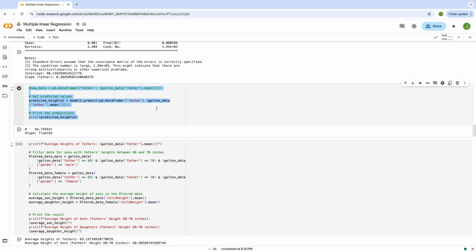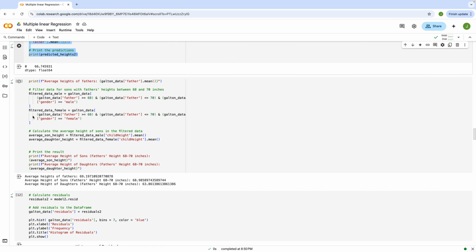So if I input the average height of the father, it tells me the predicted height of my offspring will be 66.74 inches. Now, this is interesting. The average height of fathers is 69 inches. I looked at the average height of sons whose fathers' heights are between 68 and 70 inches.